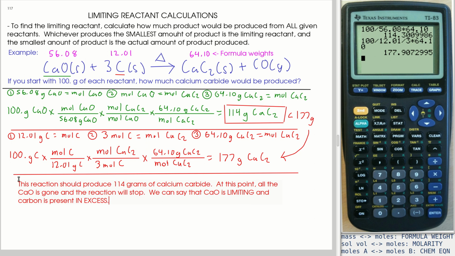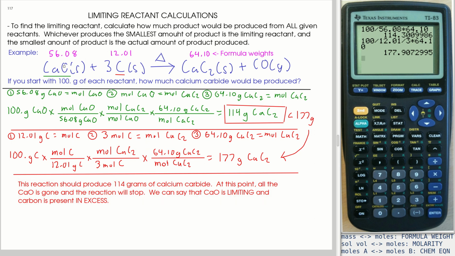Now, how can you tell when you have a limiting reactant situation? Here's how you tell. You will have more than one amount for reactant specified. So if you have a reaction that goes A plus B goes to C, it will say something like you have 25 grams of A and 50 grams of B. How much C can you make?